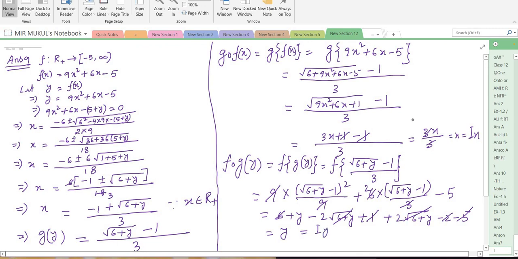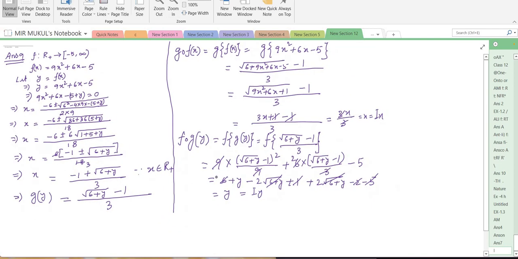If you get g o f of x equals I x and f o g of y equals I y, then clearly you can say that f is invertible.